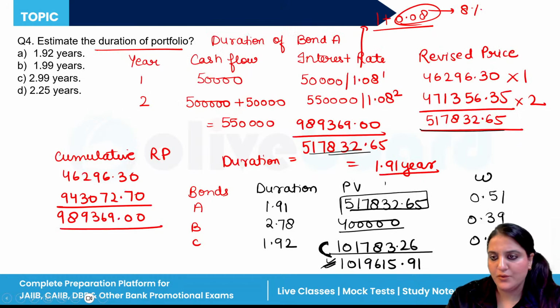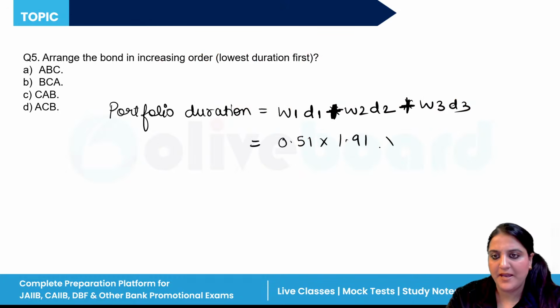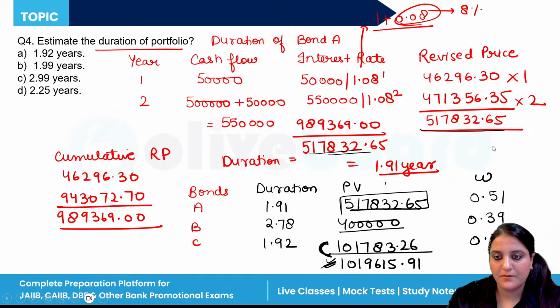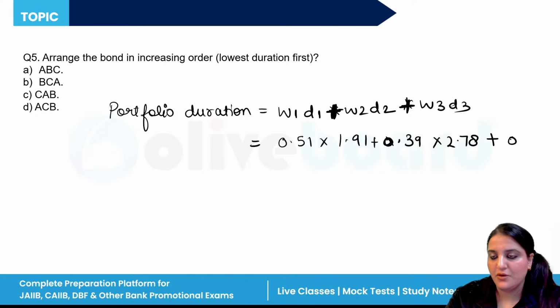Then weight 2 is 0.39 multiplied by 2.78, plus 0.10 multiplied by 1.92.